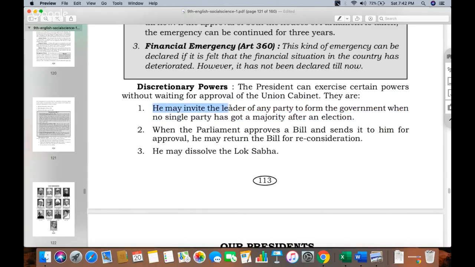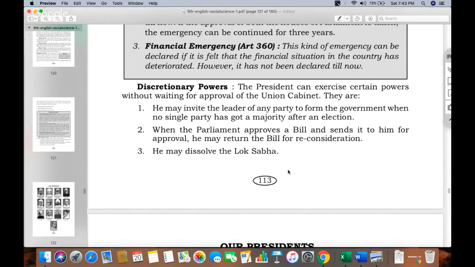Then Mr. Modi has to approach the President of India, stating that my party has got more than 272 seats in recent elections, and I have been elected as leader of the party. So I can form the government.